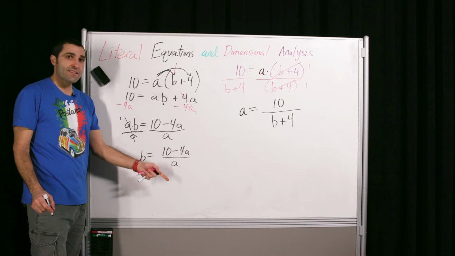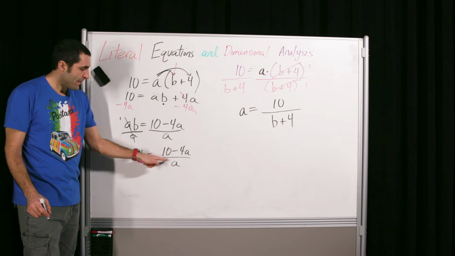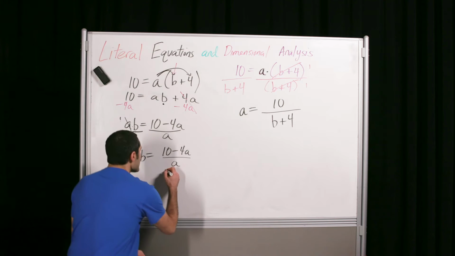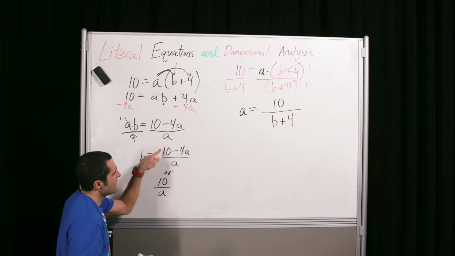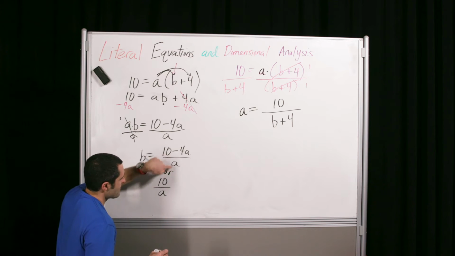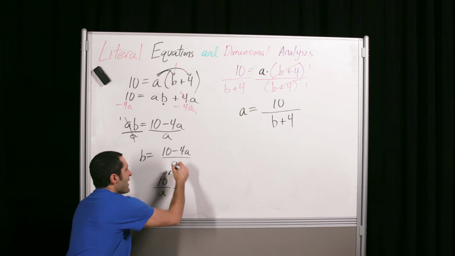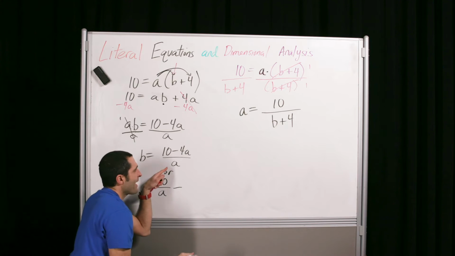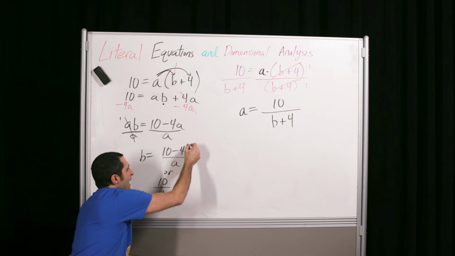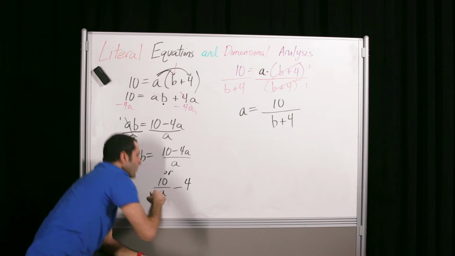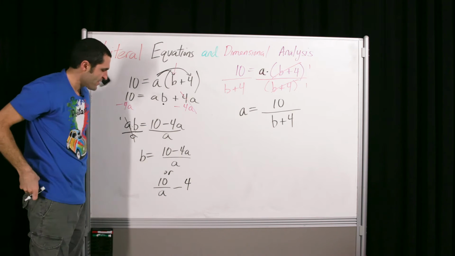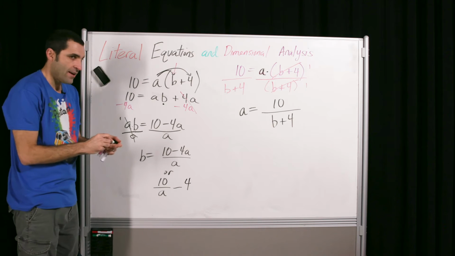Or if we insisted on dividing into both terms, we could say a goes into here, and then a goes into here. Minus 4a divided by a. 4a over a is just minus 4. So either one of these are sweet for us, all right?